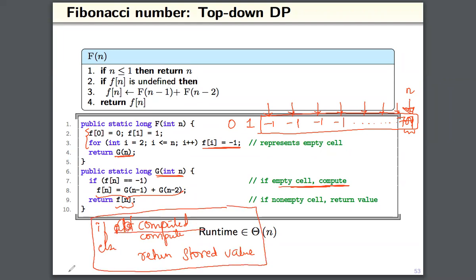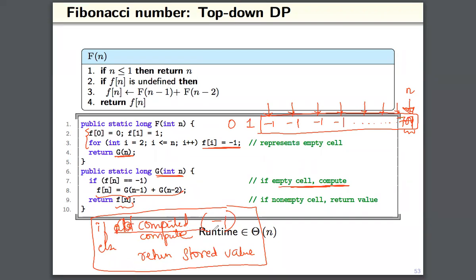If not computed, never computed, not even once, that means if the cell is empty or if the initial value is -1, then compute it. Once you compute it, the value will change to some non-negative value, minimum it will be 0.